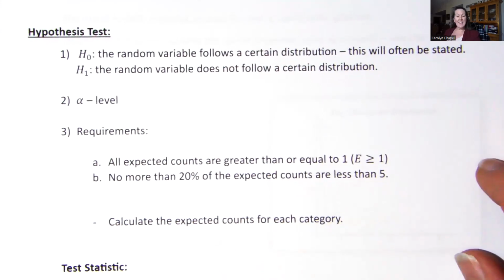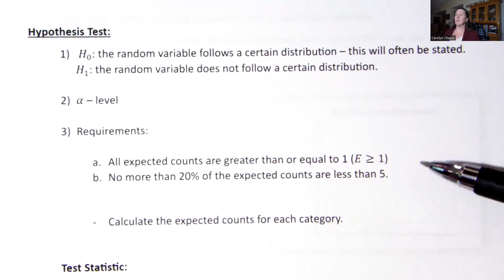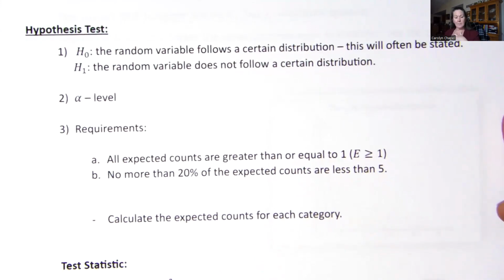We don't want to have a category that has nothing in it. We also want to make sure that no more than 20% of our expected counts are less than 5. So we don't want to have categories that are relatively small. We want to make sure our categories have stuff to work with.